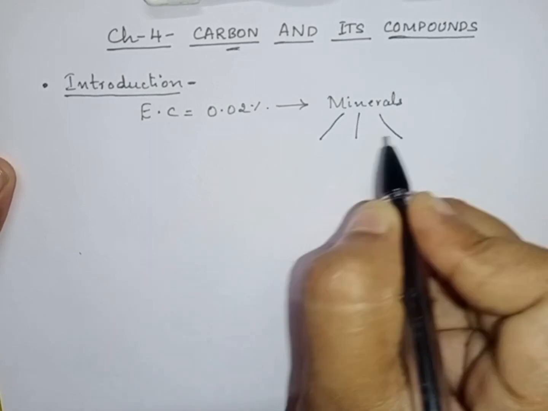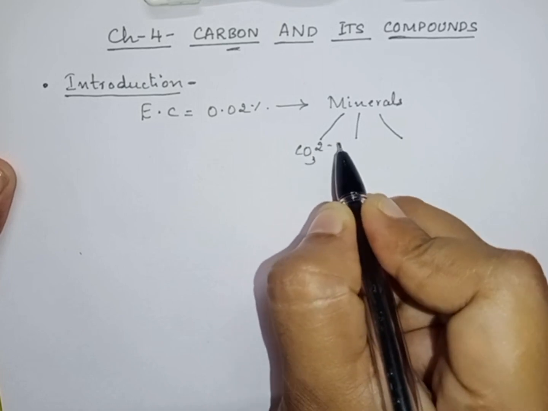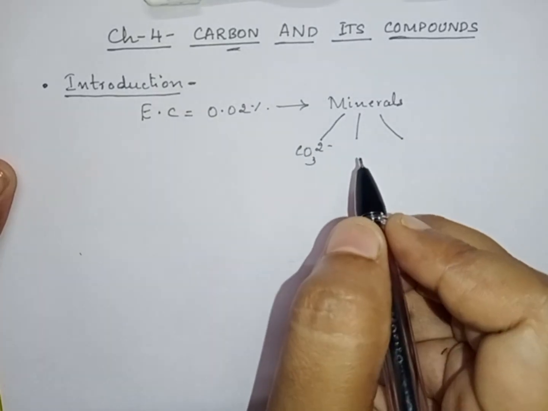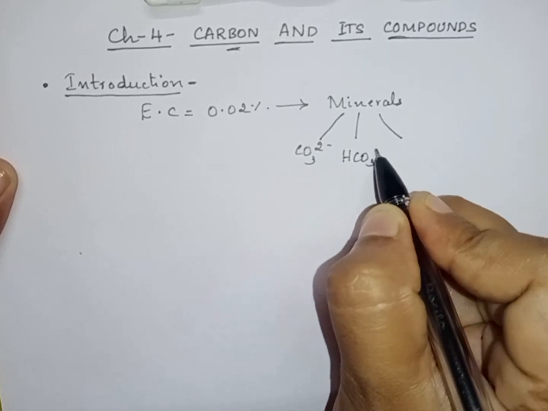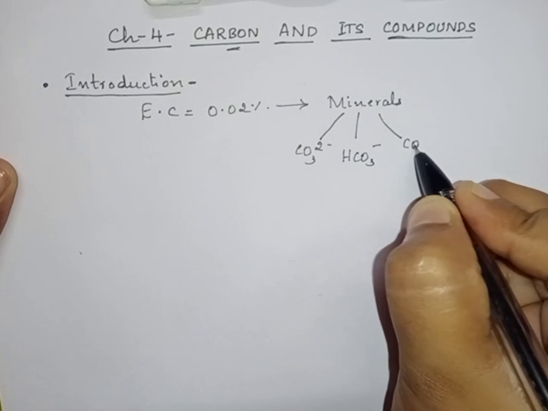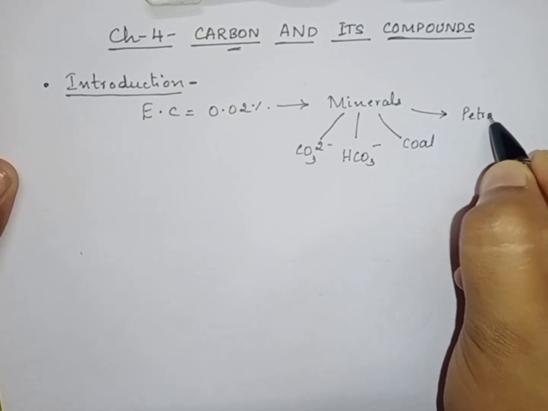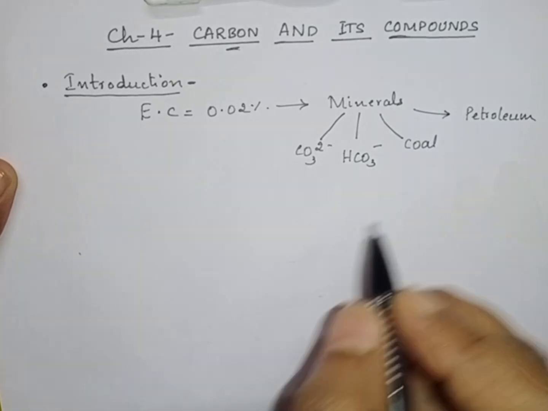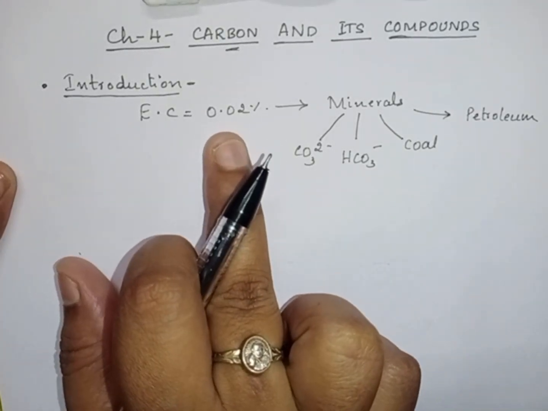What are the different minerals? Carbonate, CO3 2 minus, carbonate ion. It is an anion. Next, bicarbonate ion. Next, it is also present in the form of coal and petroleum. Okay, these are the different forms of carbon in the earth crust which collectively form about 0.02%.